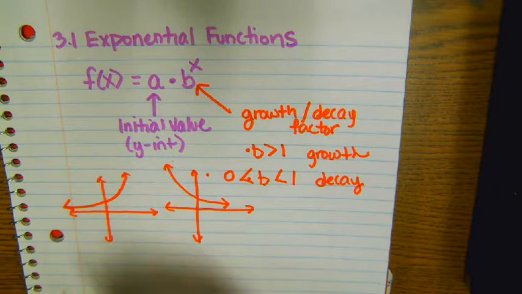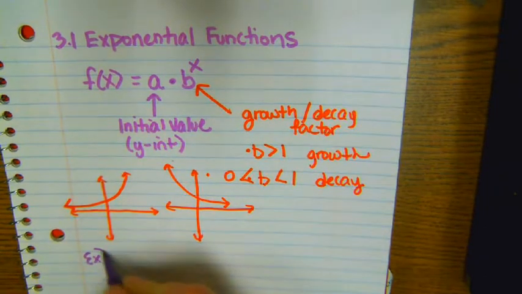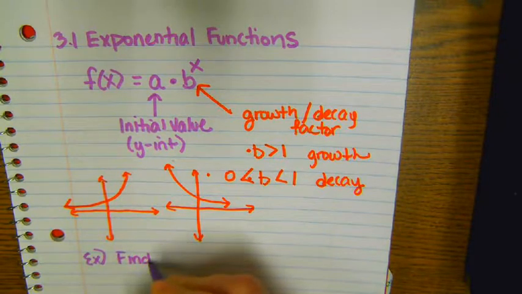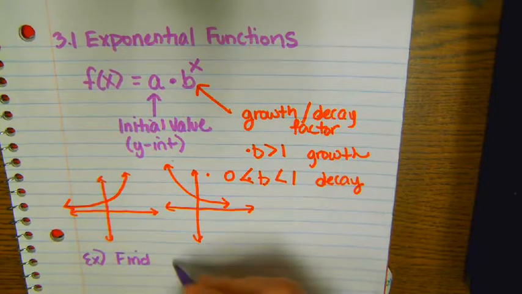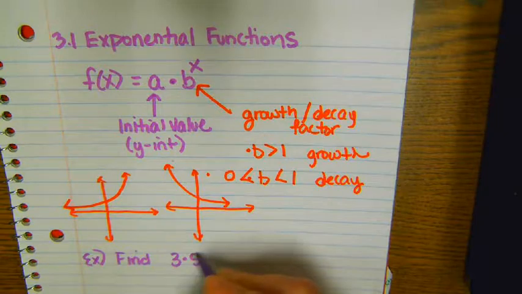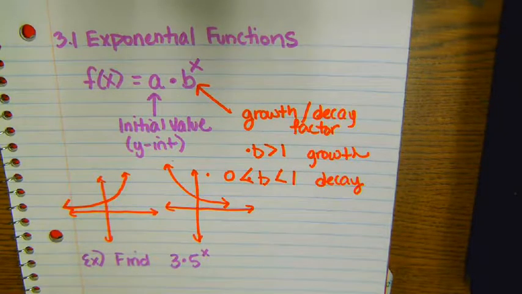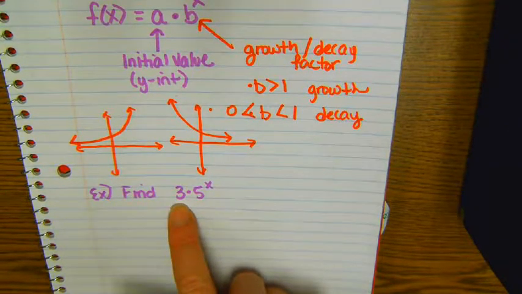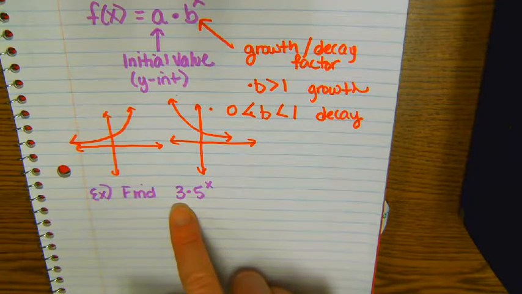So if I asked you to evaluate 3 times 5 to the x power, first of all, if I were to graph this, would this be exponential growth or decay? Growth. So the y-intercept would be 3, and then I'd be multiplying my points by 5 to find more points.